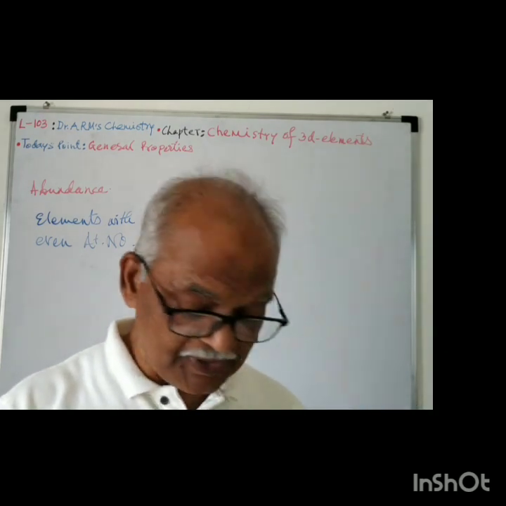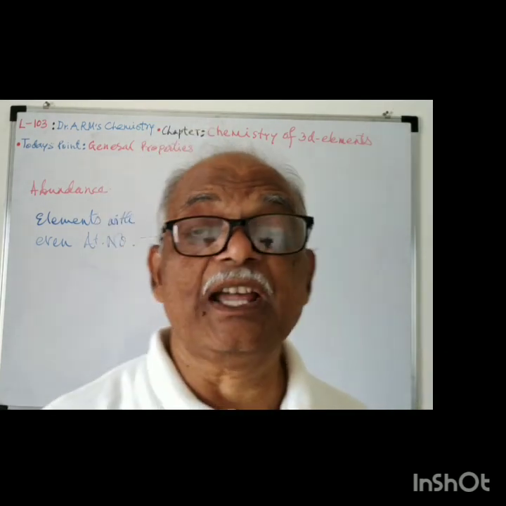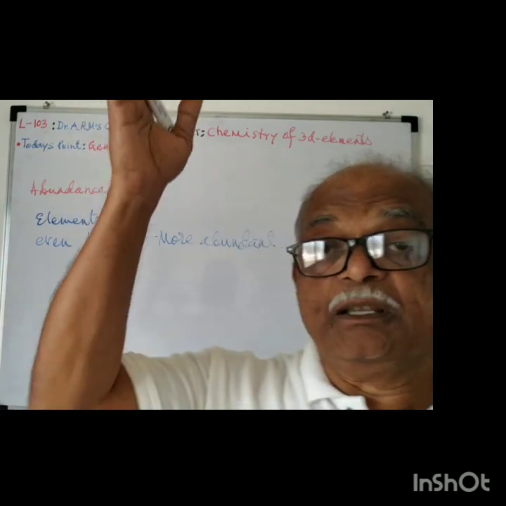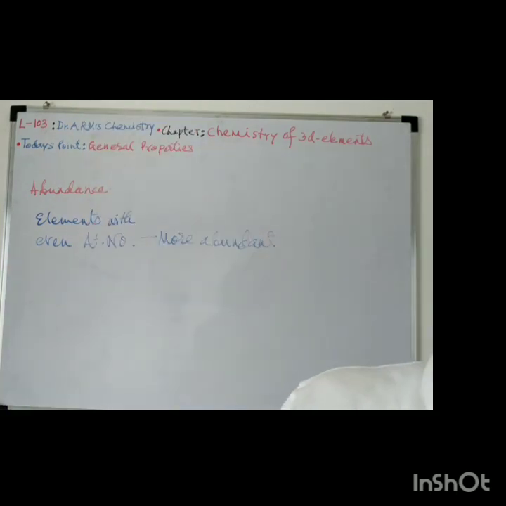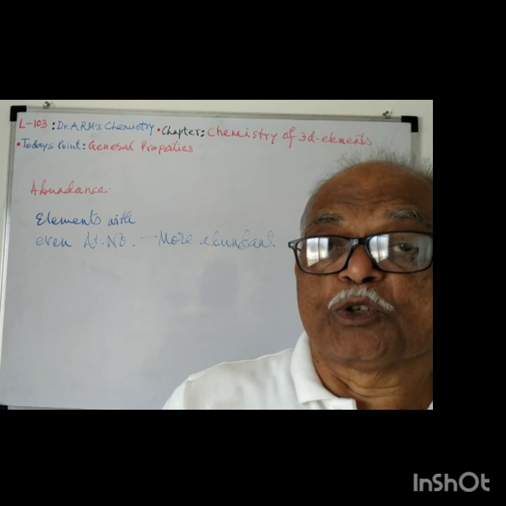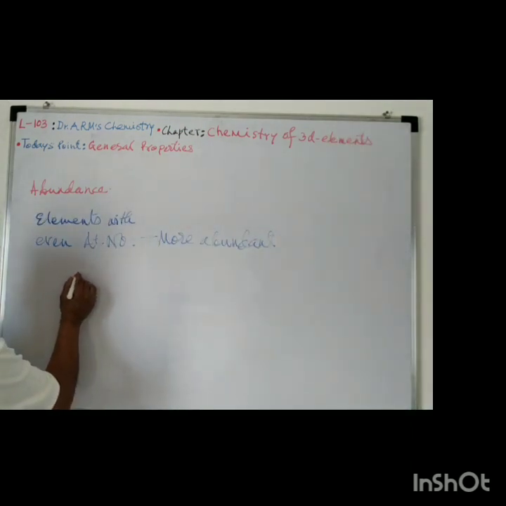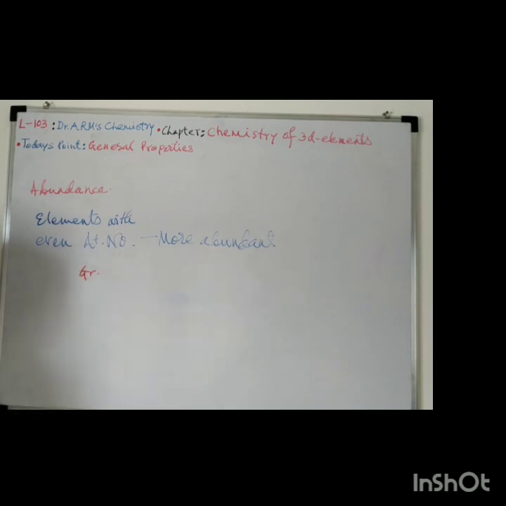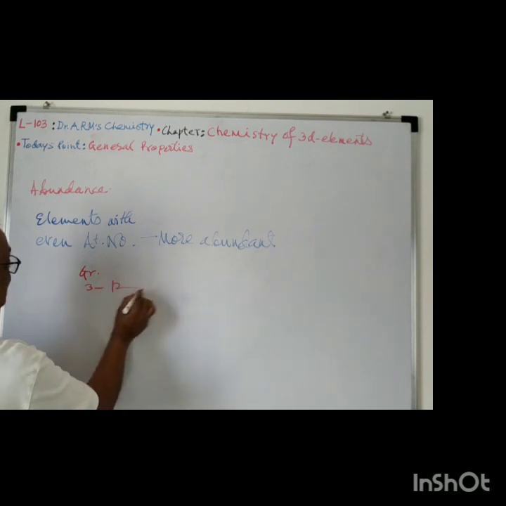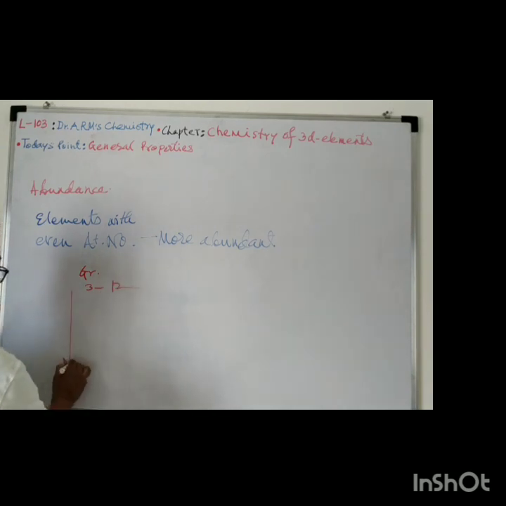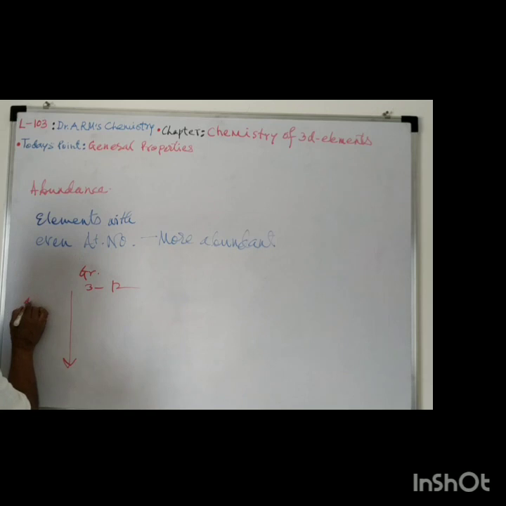In addition to this, if we consider the abundance down the group, say any group from 3 to 12, we find that as we move down the group, the abundance decreases.